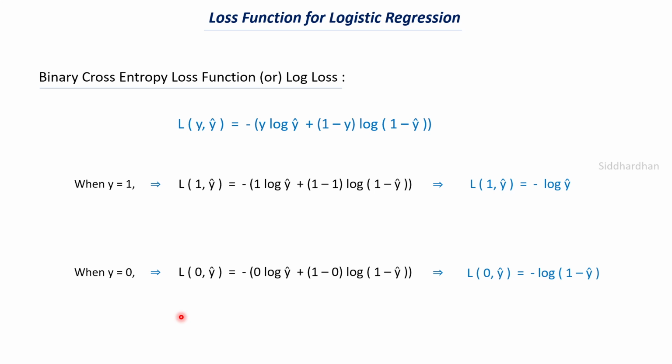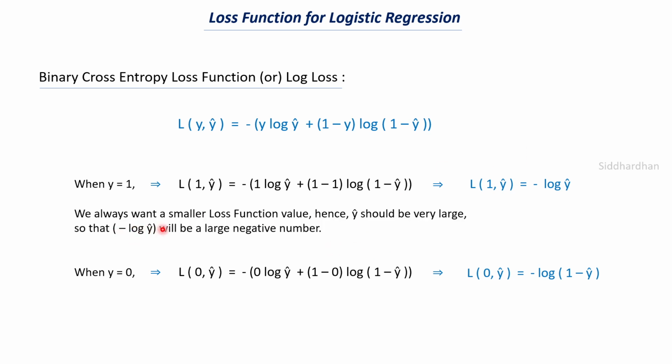Now we need to understand when this loss function value will be minimum. Just look at this term, minus log y cap. For what value of y cap will your loss function be minimum, and in this case, for what value of 1 minus y cap will your loss function be minimum? That is the important inference that you need to get.